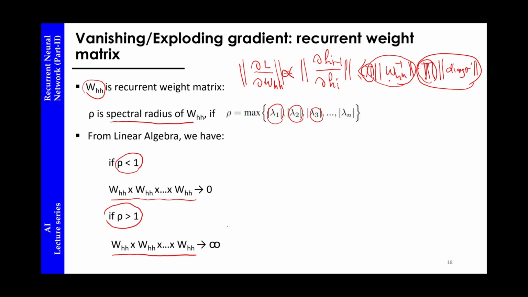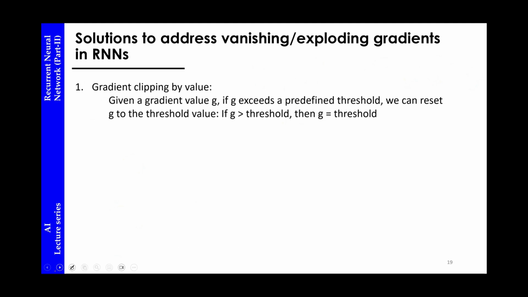Therefore, vanishing and exploding gradients are common challenges of recurrent neural networks, but there are solutions. We have methods and tricks to get rid of vanishing and exploding gradients. For exploding gradients, we can use gradient clipping by value.